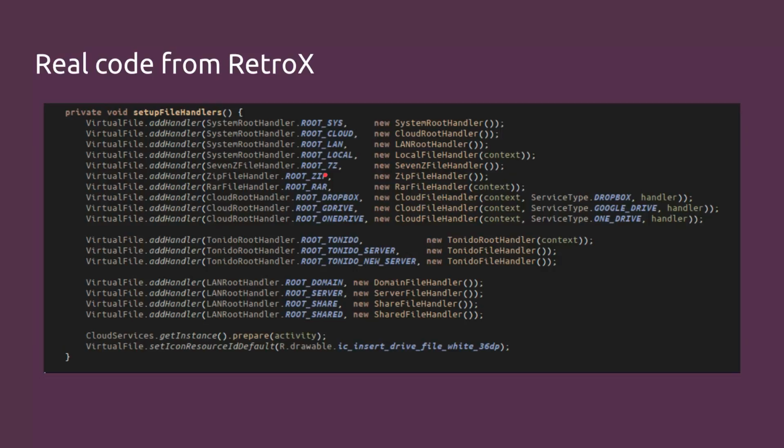RetroX asks, for example, the zip handler the same way that it asks the Tonido server. And also you can combine both. That's crazy. For example, you can have a zip file in your Tonido server. So RetroX will first get from the Tonido server, it will return a zip file, and the zip file handler will process the zip file.